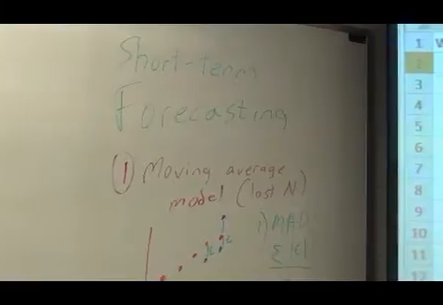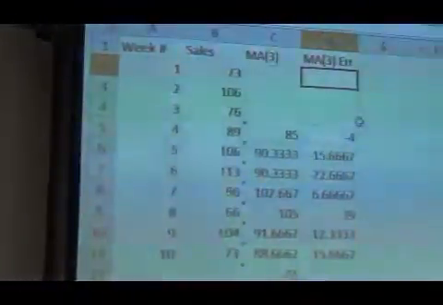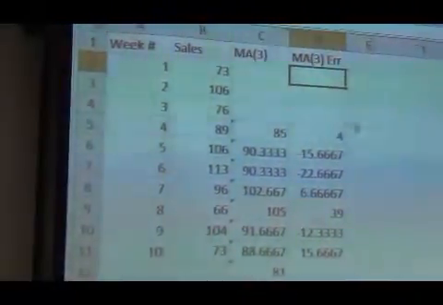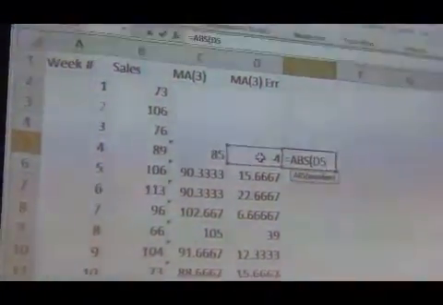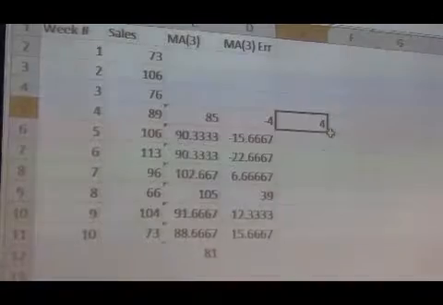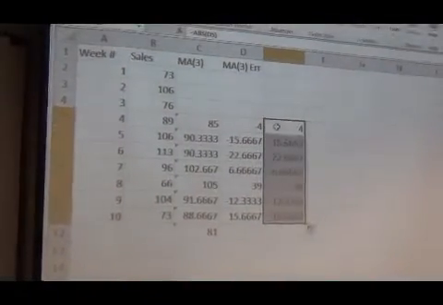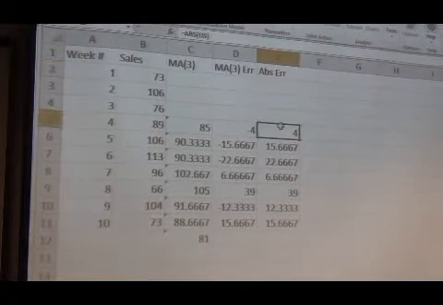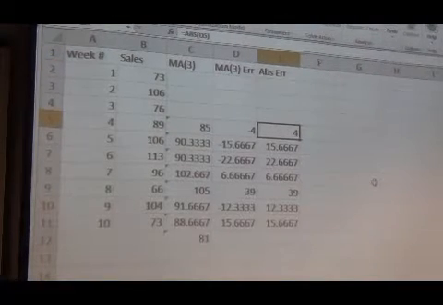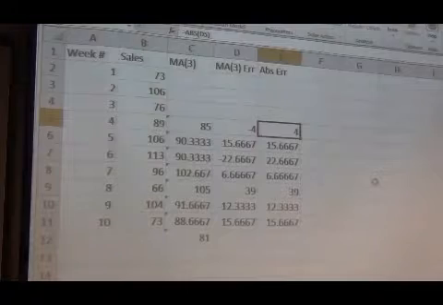Okay? So let's start with the mean absolute difference. If we're going to compute mean absolute difference, the first thing we have to do is compute the absolute value of each error. So here I've computed the absolute value for each error, using the function in Excel, just ABS, stands for absolute.